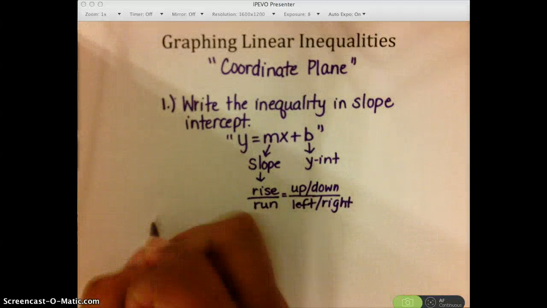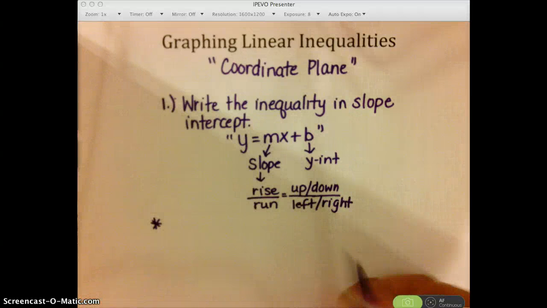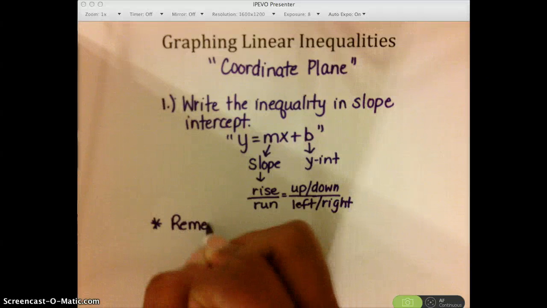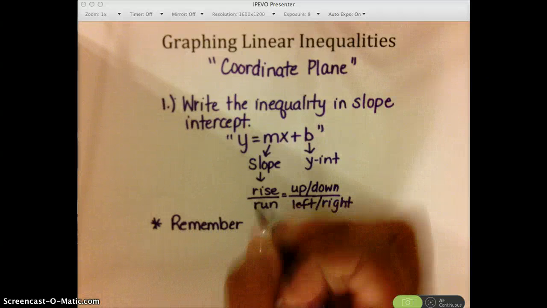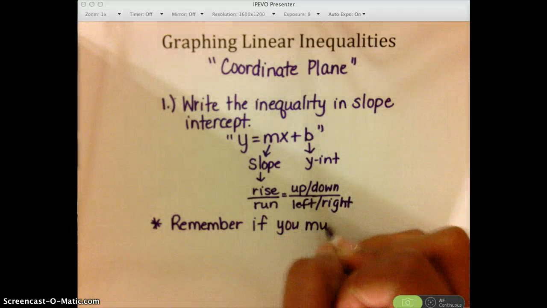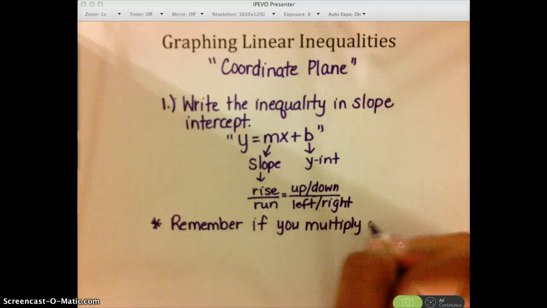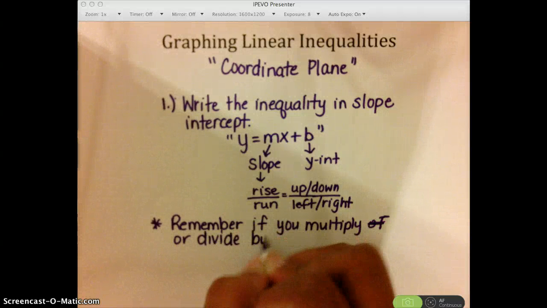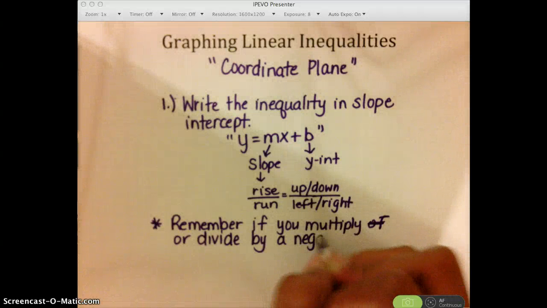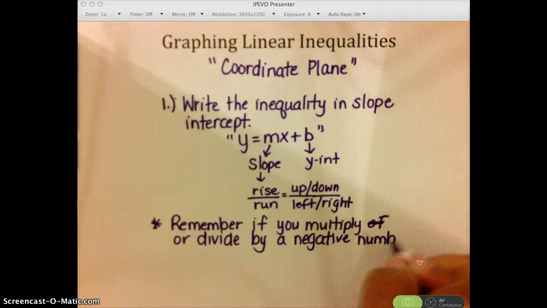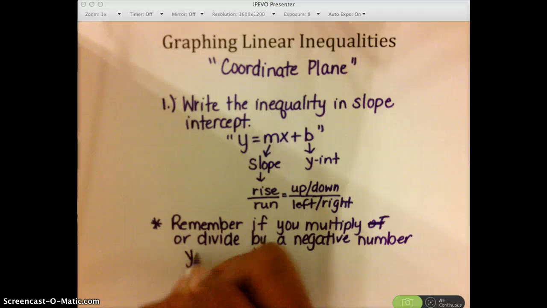Okay, now when we were solving inequalities in one variable, there was something important we needed to remember. And we're going to have to remember that for these inequalities in two variables as well. Remember, if you multiply or divide by a negative number, you must flip the inequality.